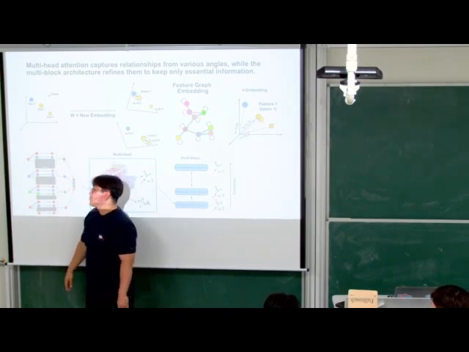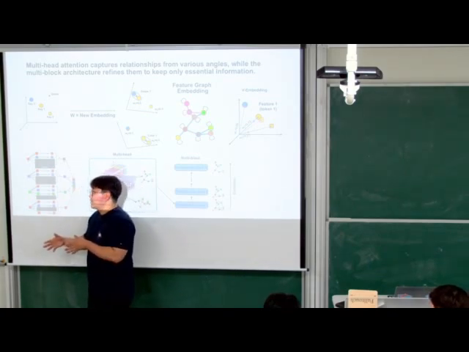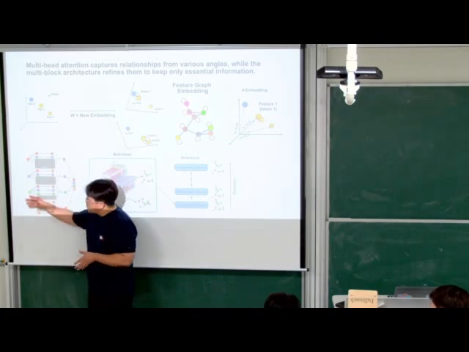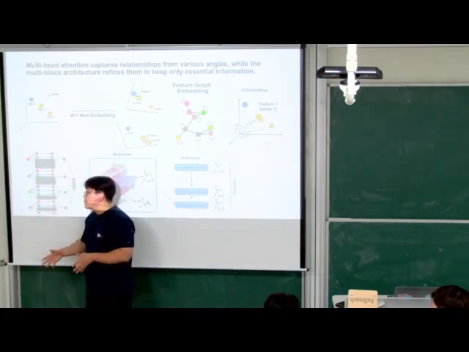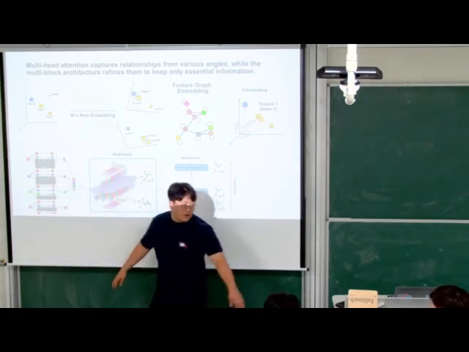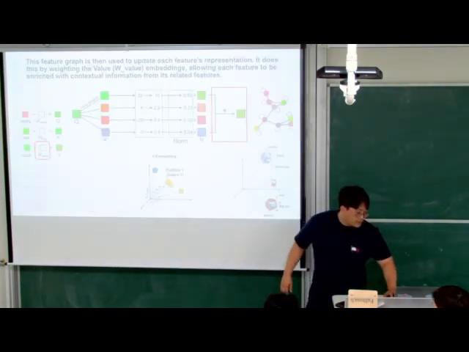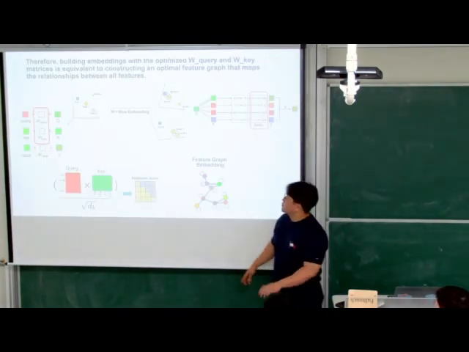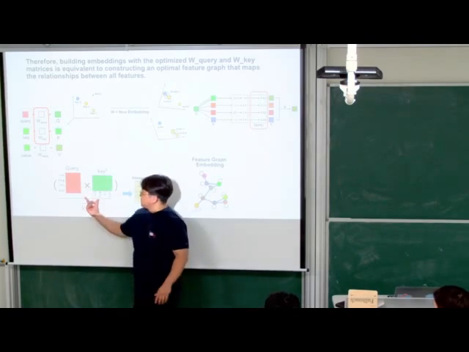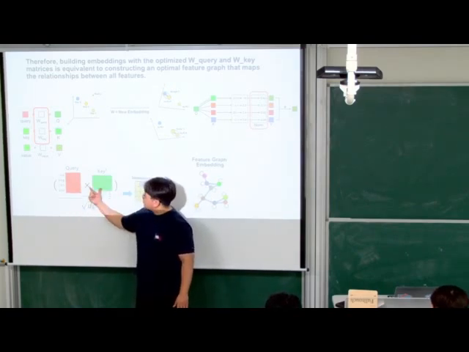The size of K is number of features by dimension of K. Q is also number of features. That's why when we calculate the attention score, you can multiply the query tensor with the K tensor.